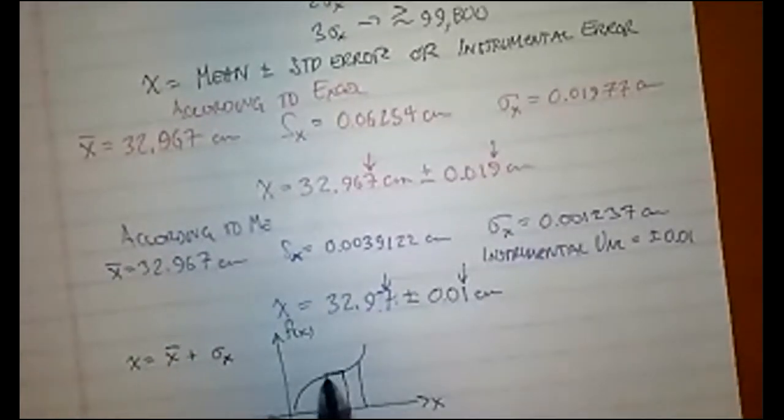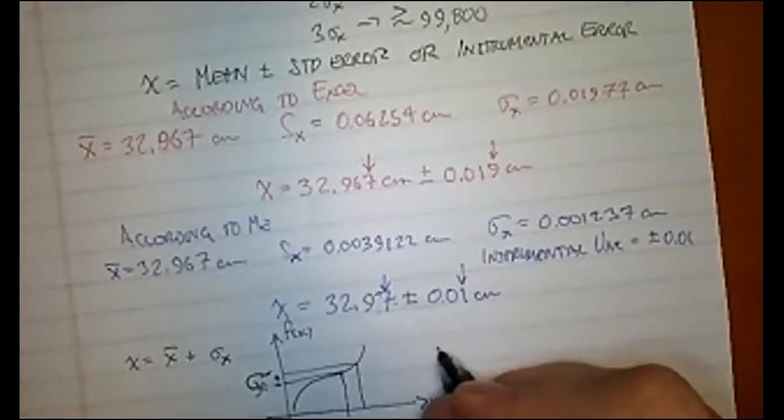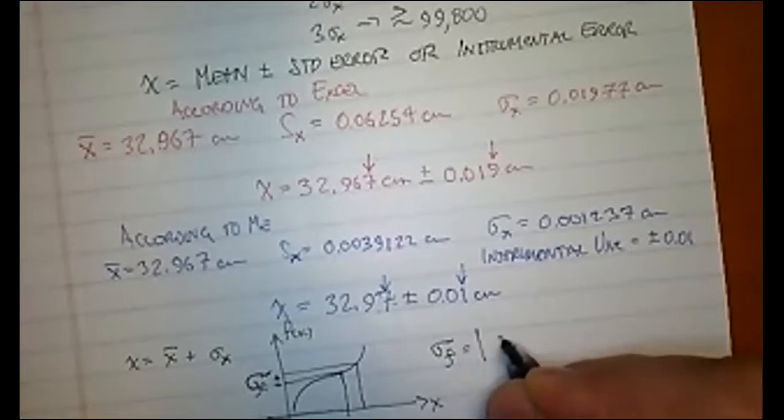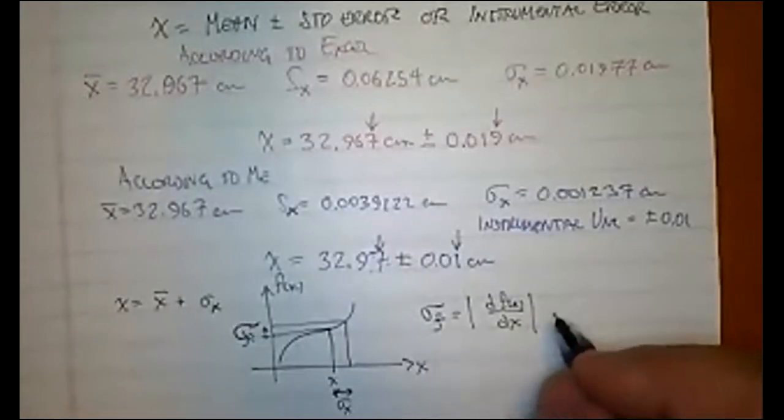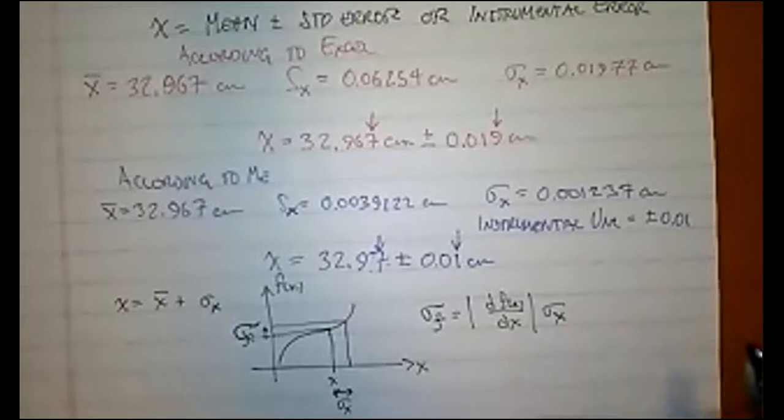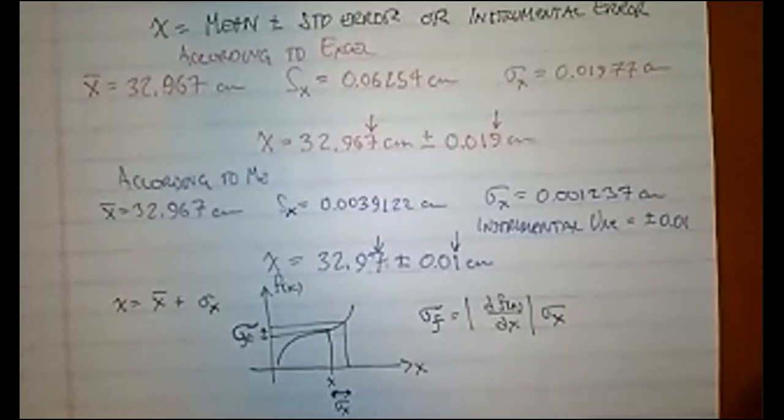I think you can see that this quantity right here should be sigma f. And sigma f is actually equal to the magnitude of dF of x with respect to x, when you have exactly one variable, times sigma x. So that's an error propagation formula for when you have one variable.